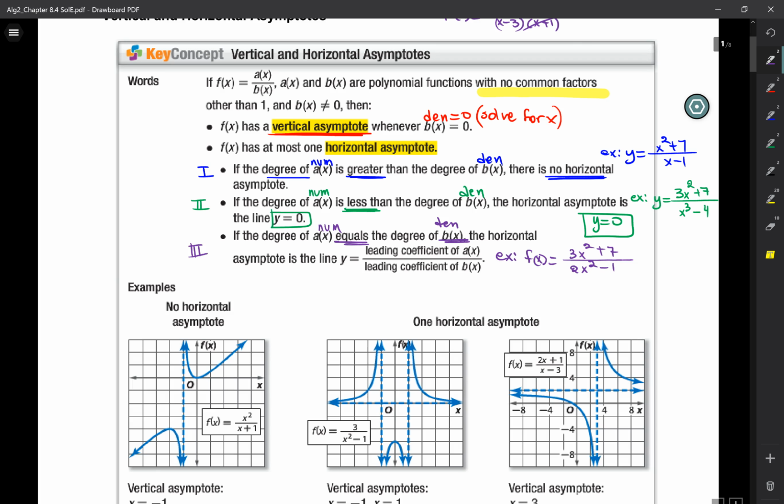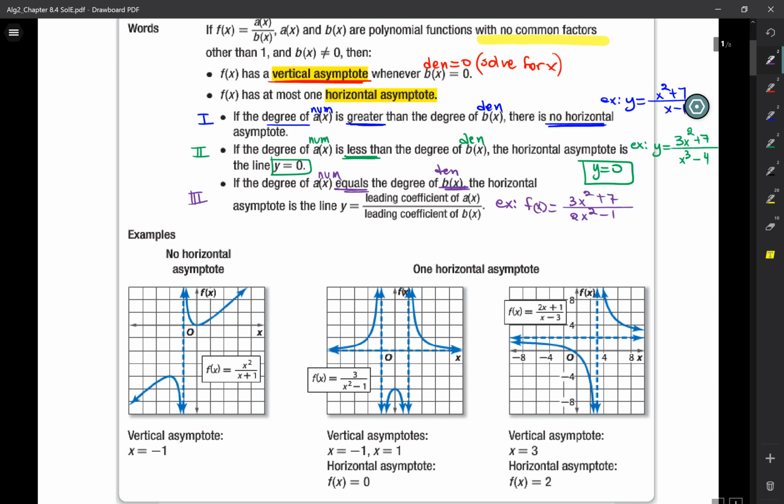For the horizontal asymptote, you say y equals, you take the term with the highest degree, that's the whole thing, 3x squared over 2x squared. What happens to the x squares? They cancel, so you just get y equals 3 over 2. And that's the horizontal asymptote. Okay?